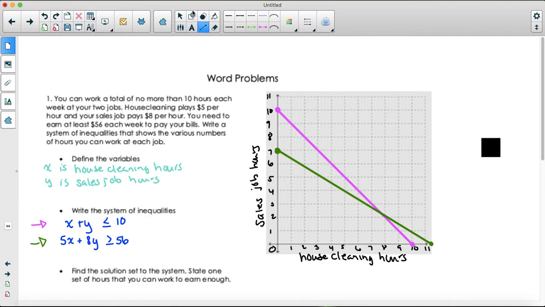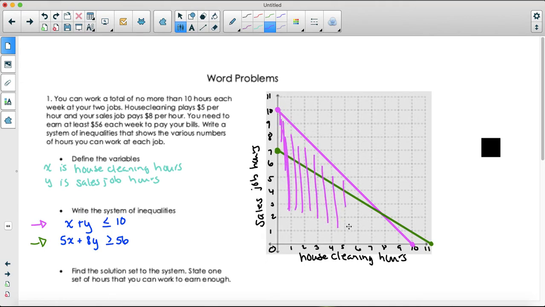Now I can shade. For my pink, I need it to be less than that 10, so I'll have everything below my pink.